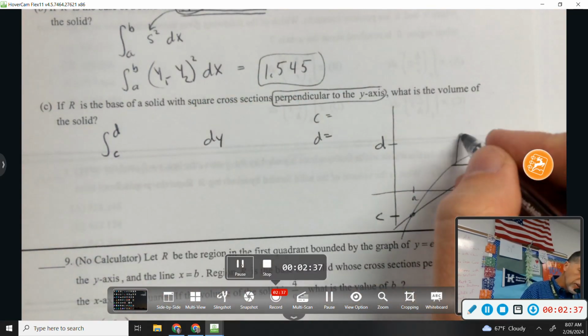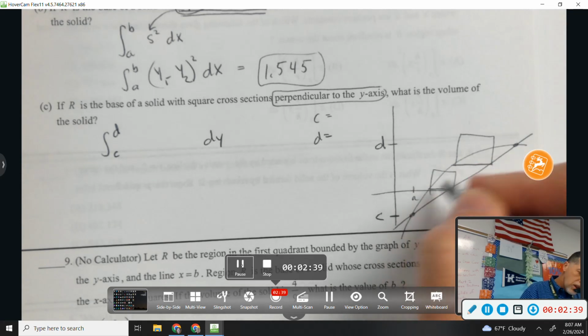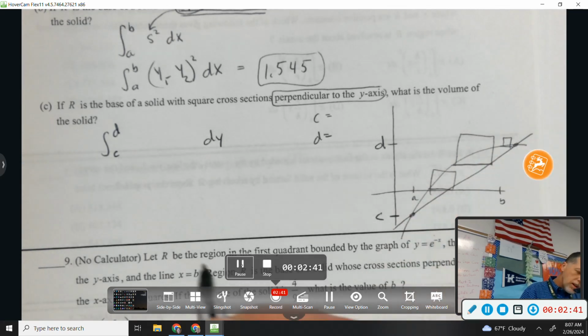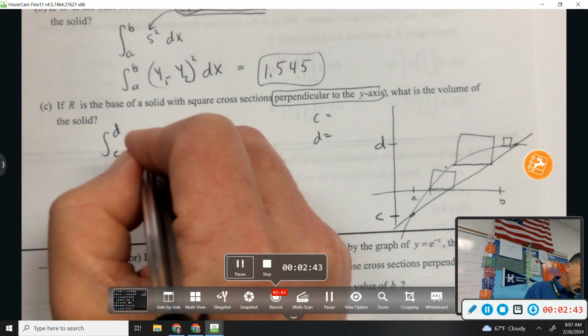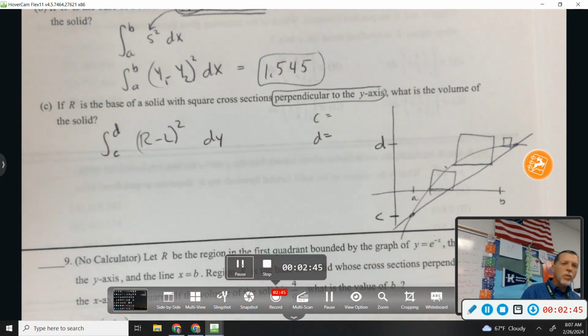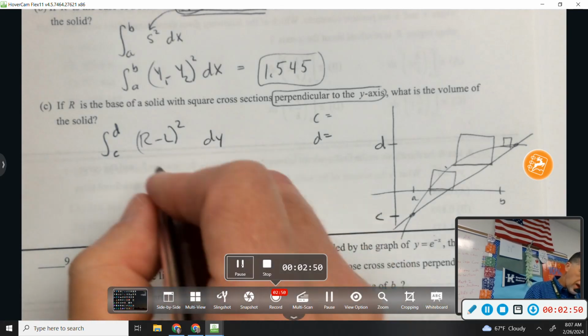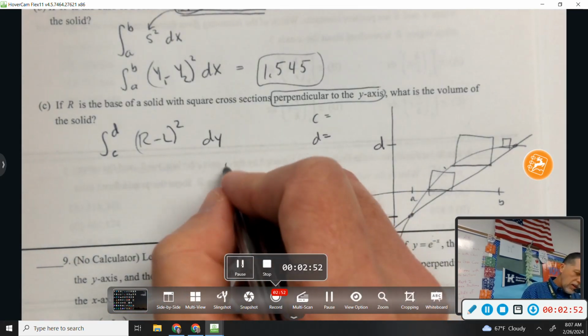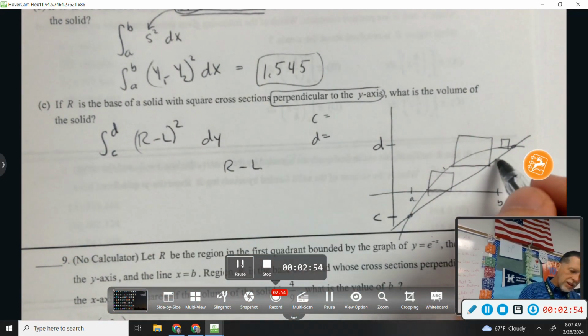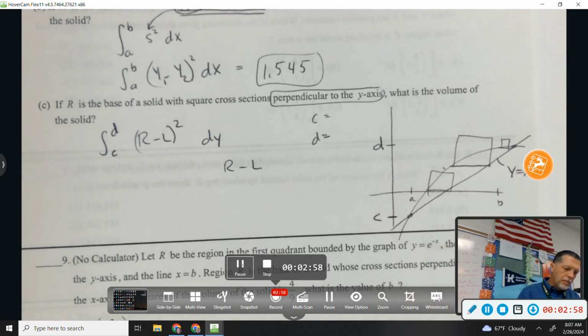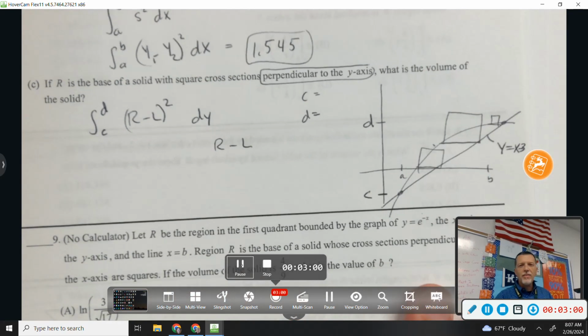Still a square, so right minus left side squared. But that means the right one is y equals x minus 3, except it's now dy, so I have to change that around.